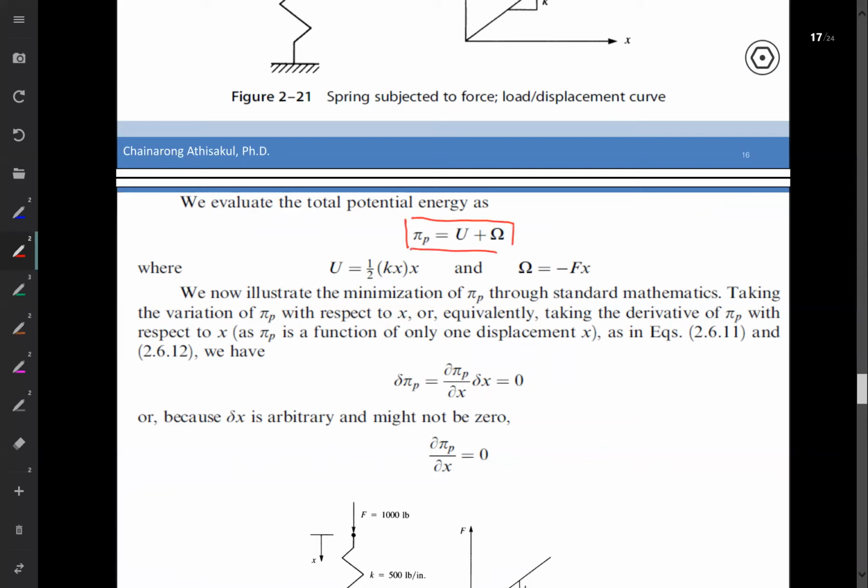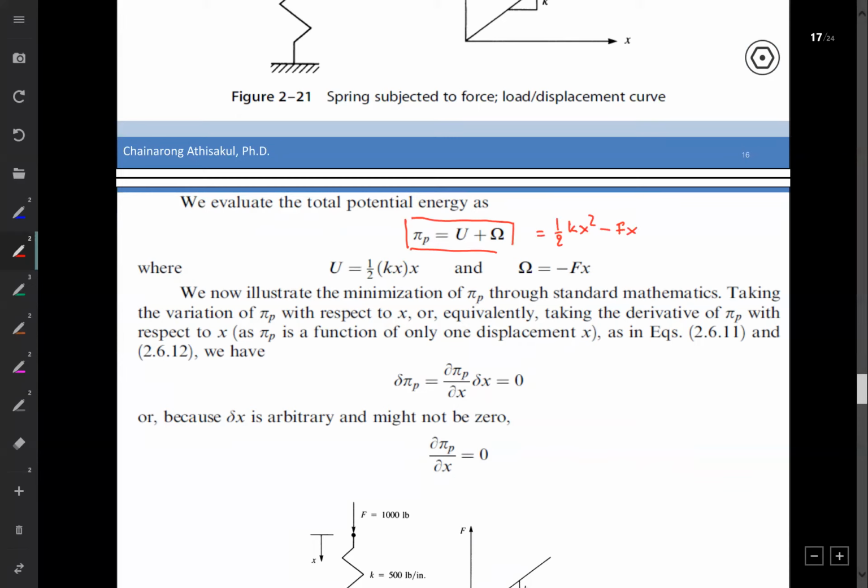After we apply pi equals u plus omega, with u equal to a half kx squared and omega equal to minus fx, we get pi equals a half kx squared minus fx.